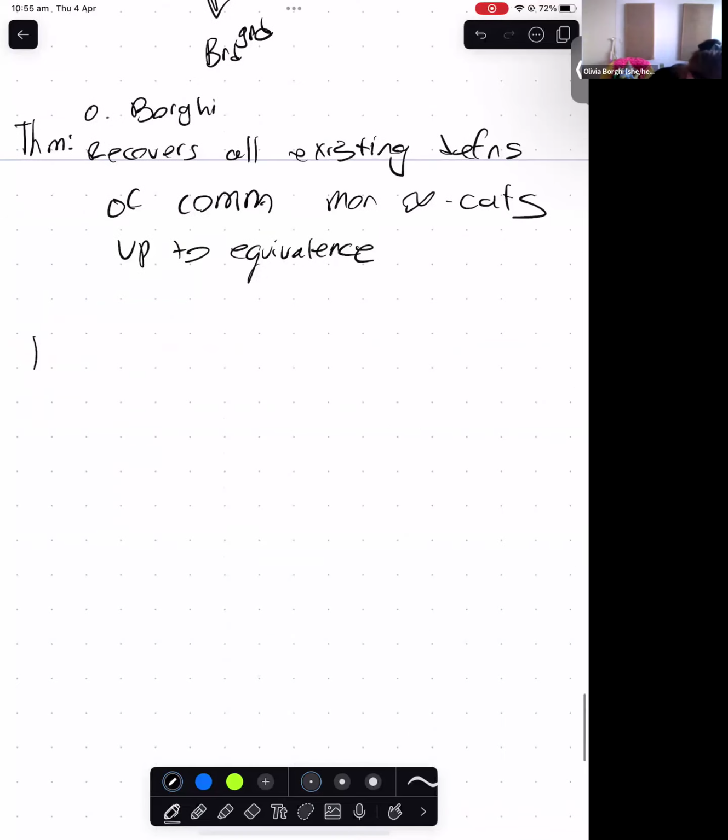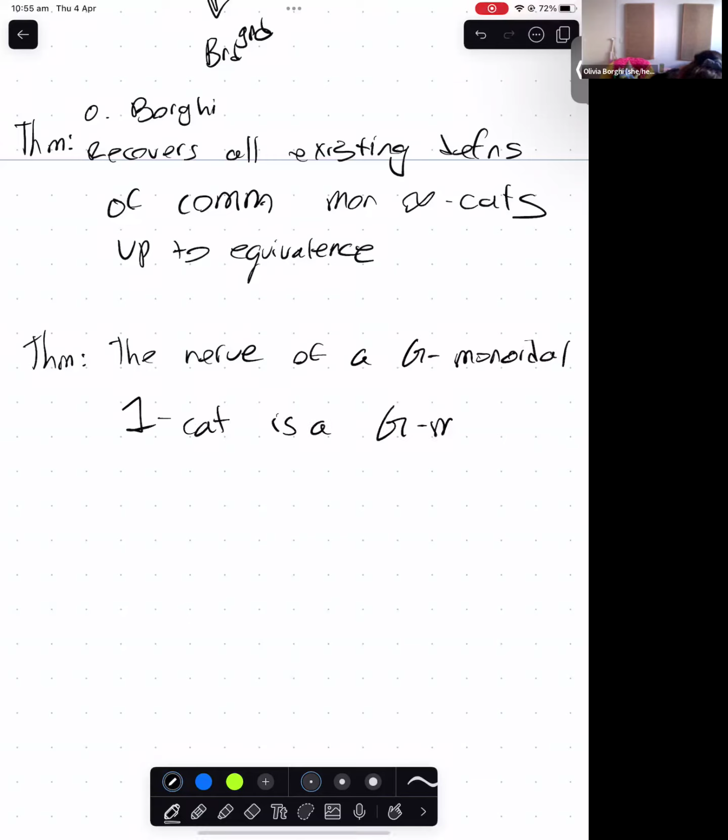So the next theorem is that nerve theorem I was talking about, which is that the nerve of a G-monoidal 1-category is a G-monoidal infinity category.